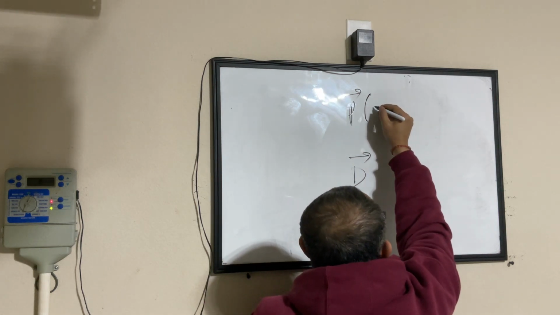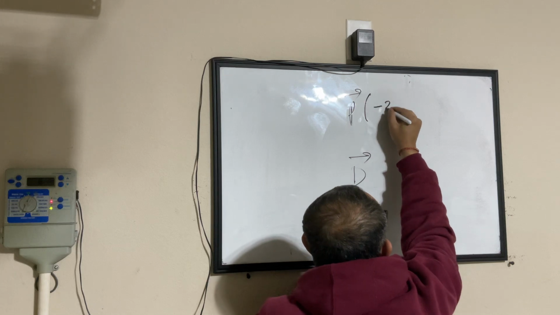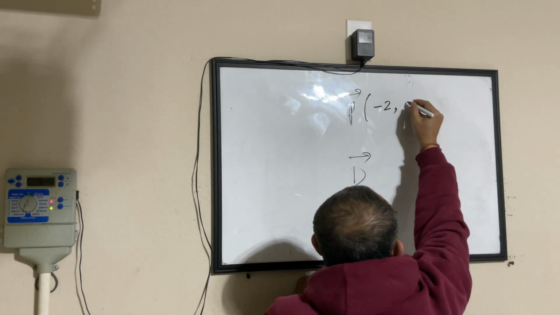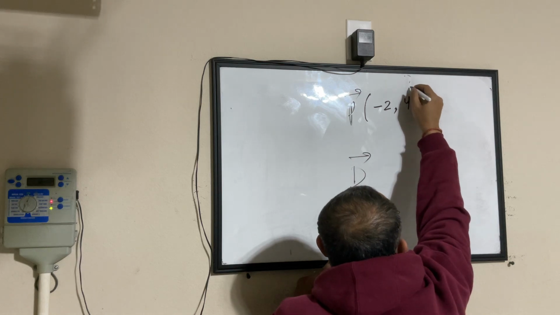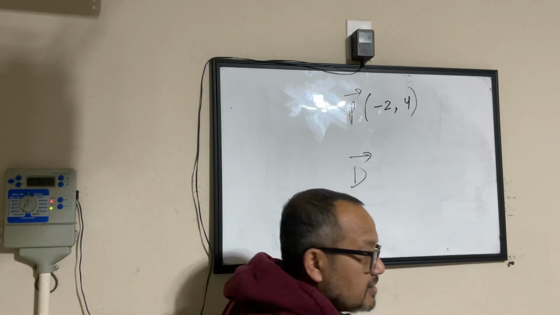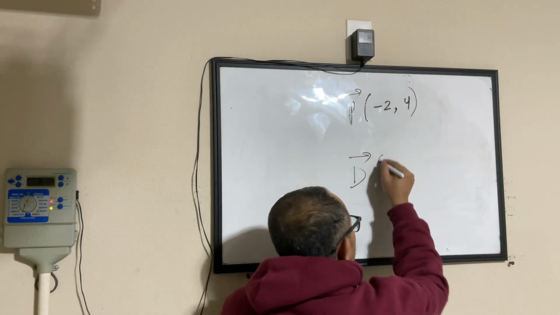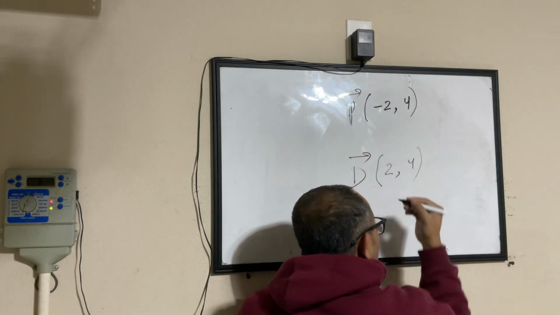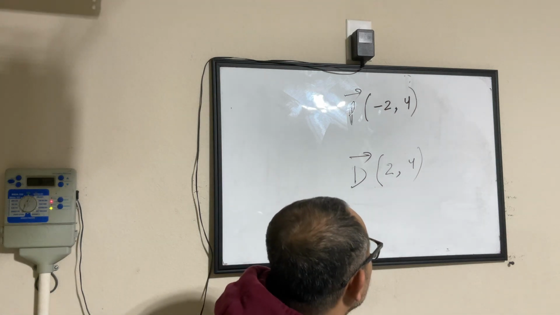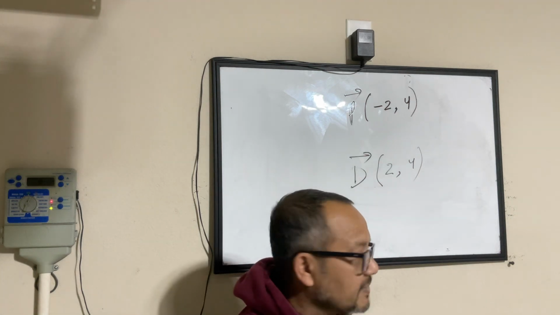Vector p has x component as -2, and vector d has x component as 2 and y component as 4. I am purposefully taking the same value with one being negative.